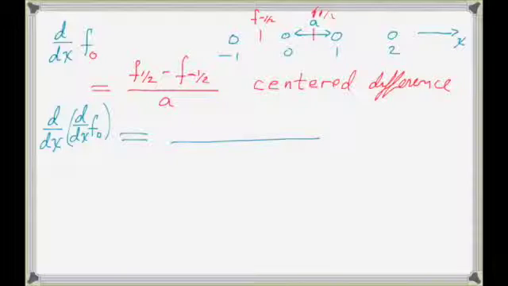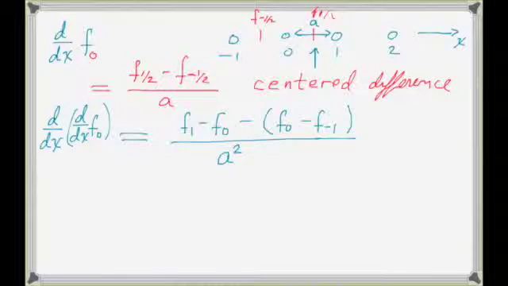So the derivative of f at 1/2 would be f1 minus f0 over a, and I'm just going to put the a down here right away; I'll end up with an a squared term down here. And then the derivative of f at -1/2 would be f0 minus f of -1 over a, but I already have the a downstairs. I've just applied that algorithm again to each term.